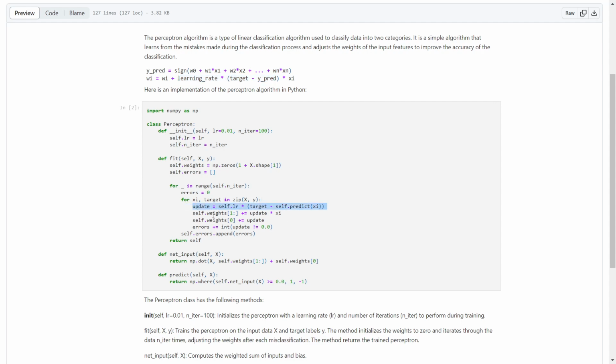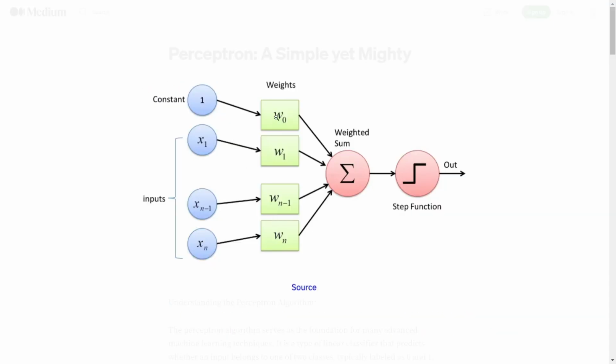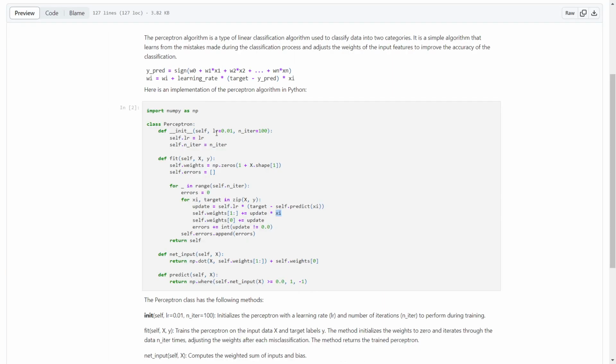When we want to update the weights for layer one, neuron one, we multiply the update by xi. For the bias weight, we are either not multiplying it by xi, or the xi in this case is 1. That's the reason we just update it by the update.